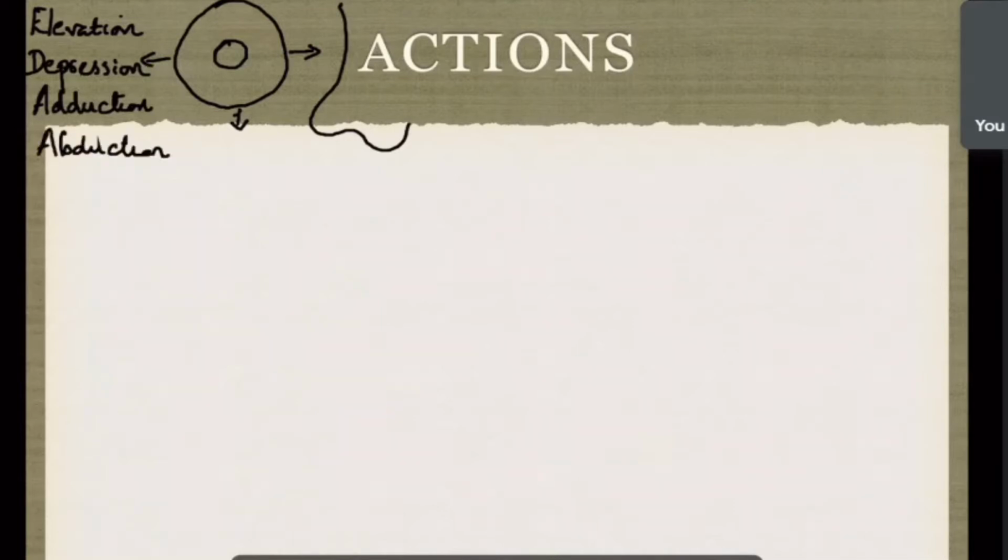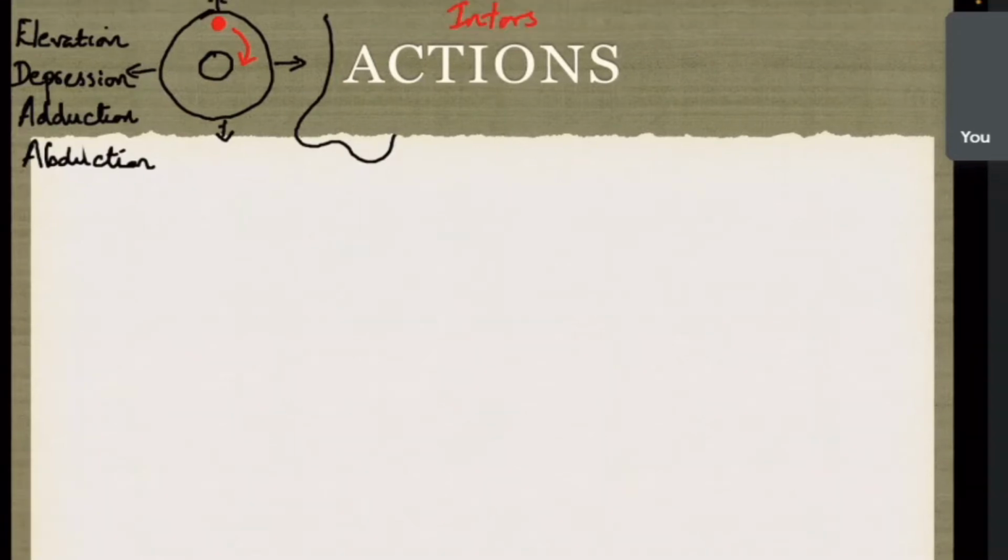What are the other two actions of the eyeball? For that, look at this diagram. This is the 12 o'clock position of the cornea. If you rotate your eyeball in such a way that the 12 o'clock position moves inwards, medially, that movement is called intorsion. Torsion means rotatory.